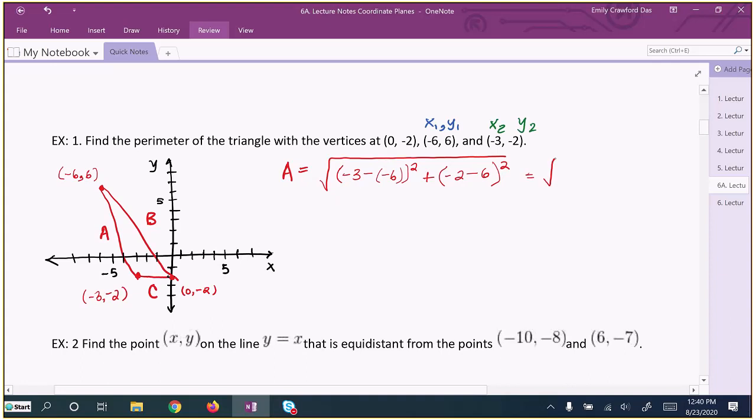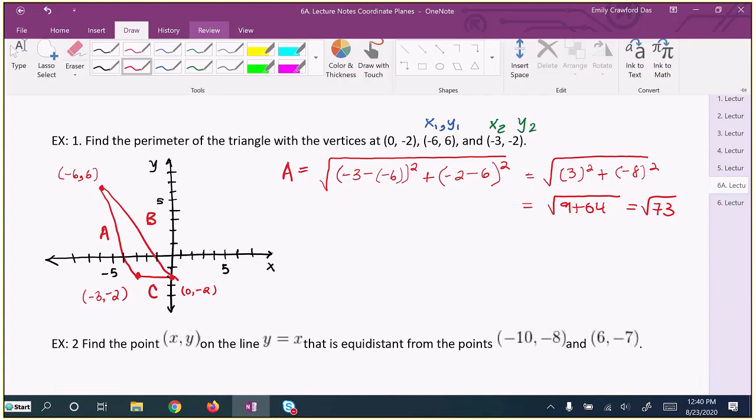That's going to be the square root of, here I have -3 plus 6, so 3 squared, and -2 minus 6 is -8, -8 squared. And that is the square root of 9 plus 64, which is the square root of 73. And I don't have to simplify that any further. I'll just say A is equal to square root of 73.